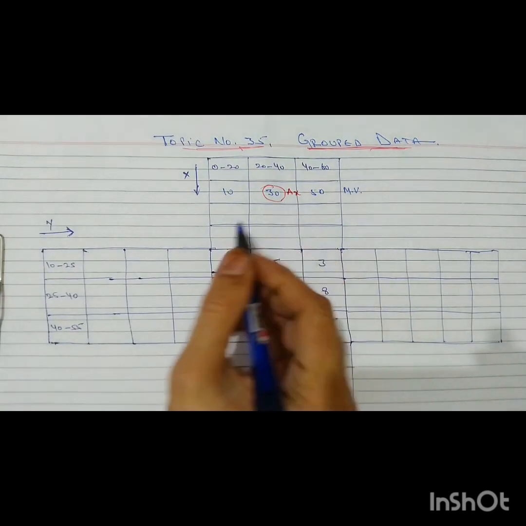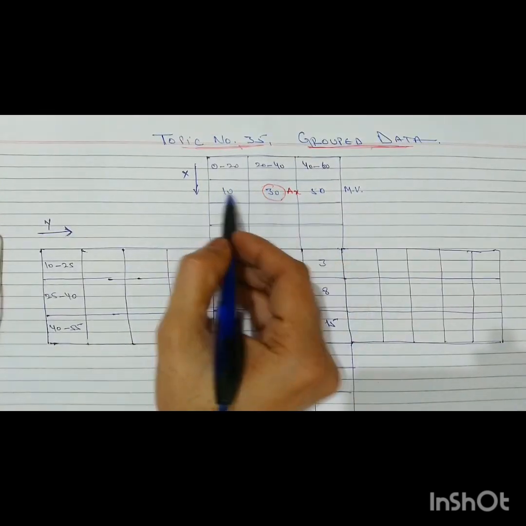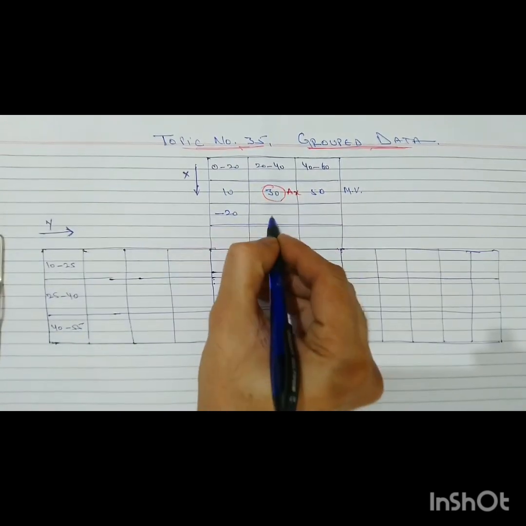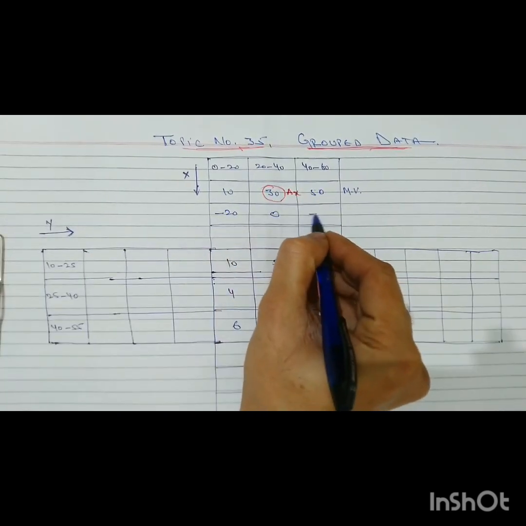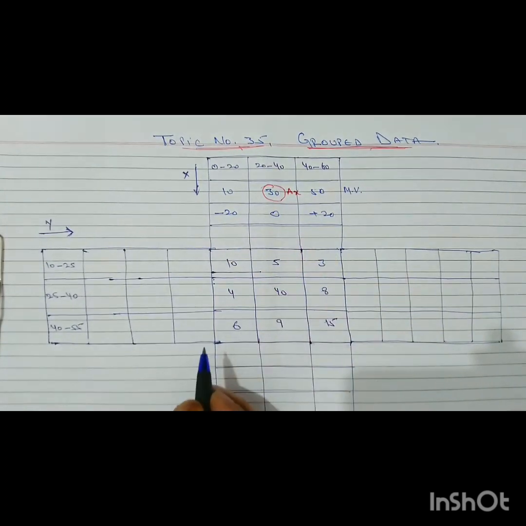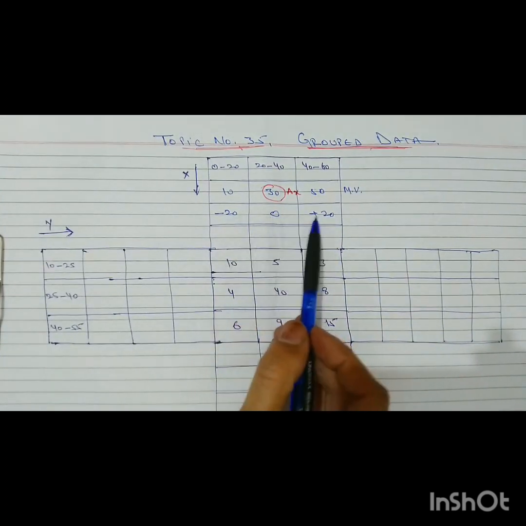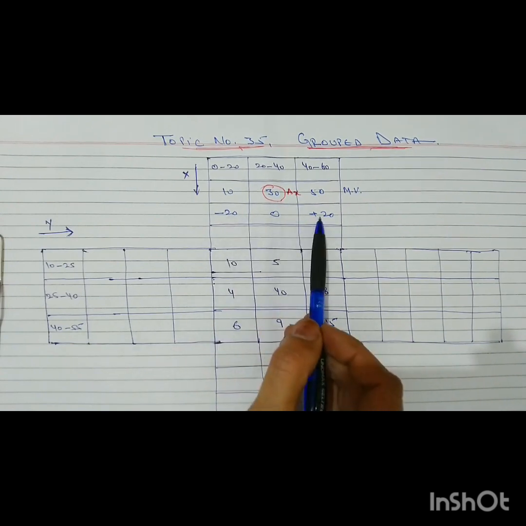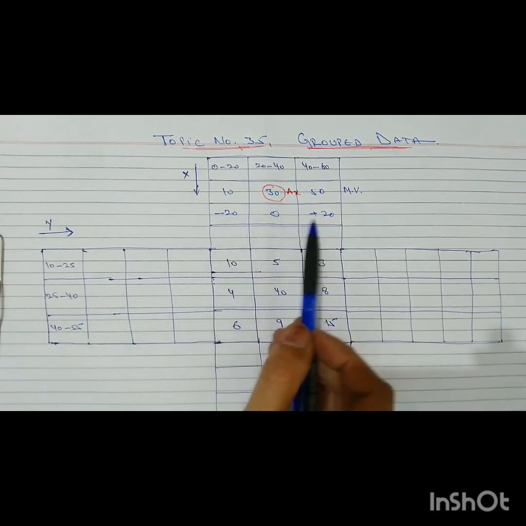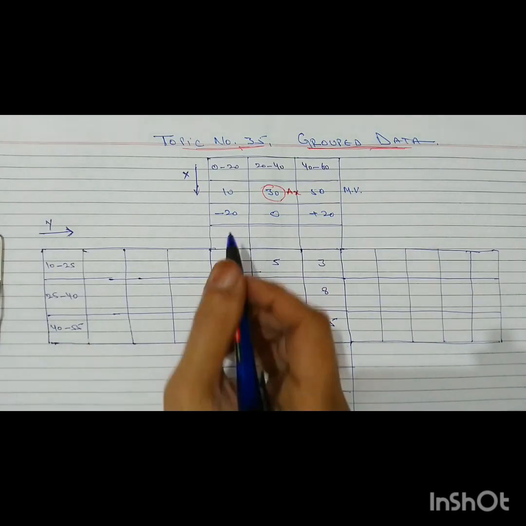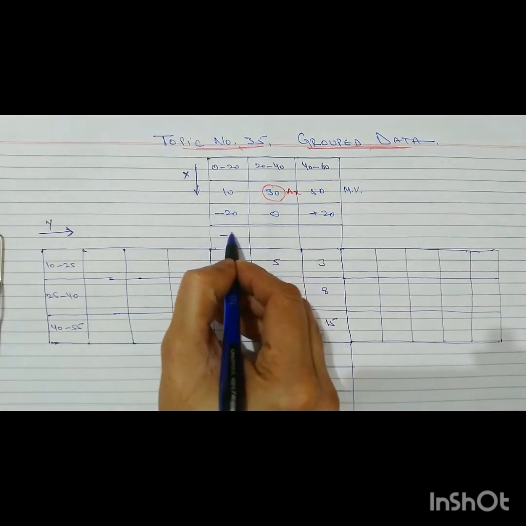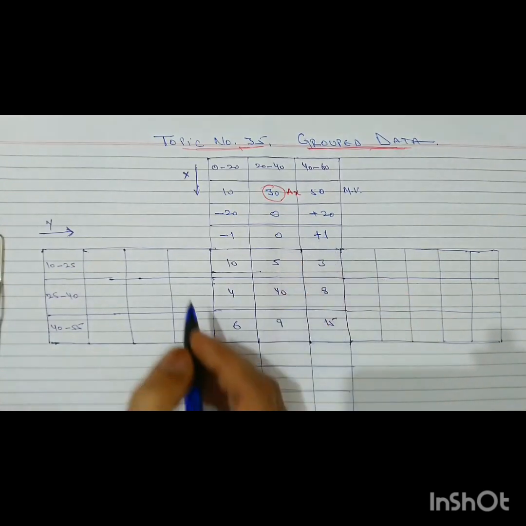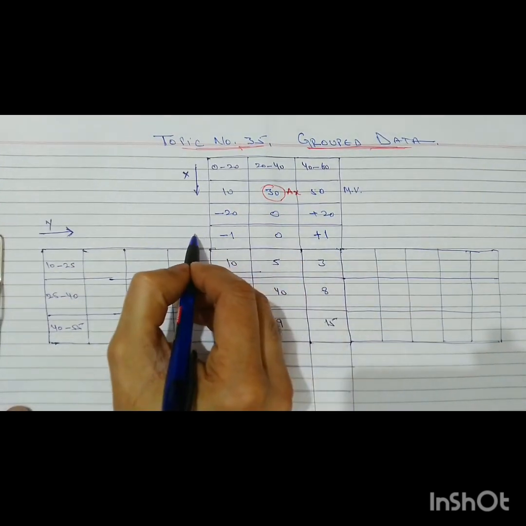Then the deviation from the assumed mean: middle value minus 30. 10 minus 30 is minus 20. 30 minus 30 is 0. 50 minus 30 is plus 20. Now take 20 as a common factor. Minus 20, 0, plus 20, we can easily take out 20 from here, leaving minus 1, 0, plus 1. This is dx.